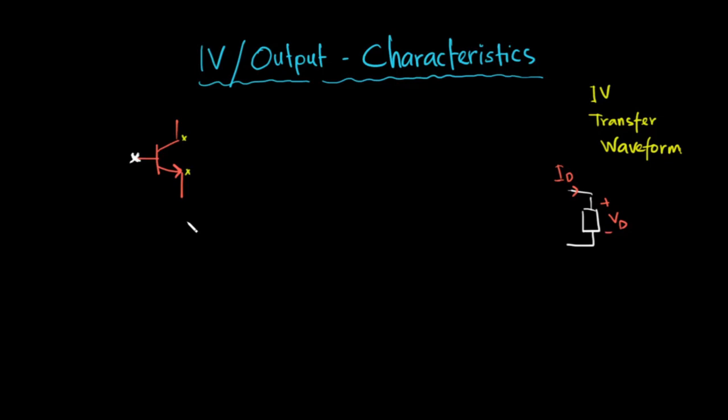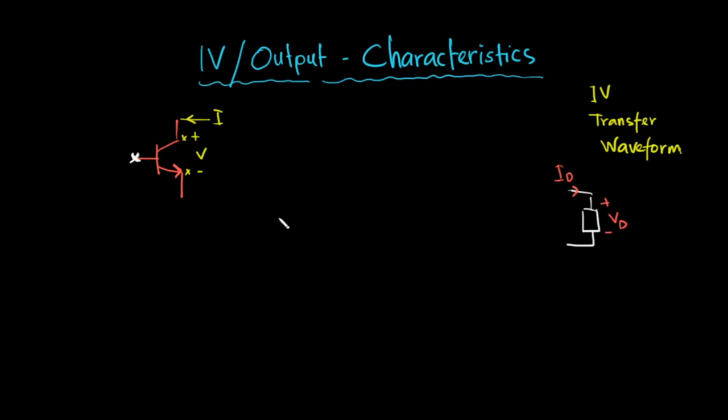So for a transistor, the IV characteristics is also called the output characteristics, because we plot this output voltage, the voltage across the transistor, versus this output current.